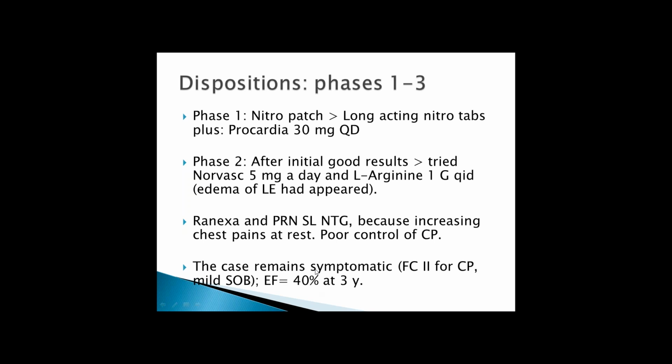The ejection fraction in the last 3 years of follow-up has improved a little bit to 40%, which is promising. At least it denies the progressive nature of the cardiomyopathy, but surely is not normal yet.